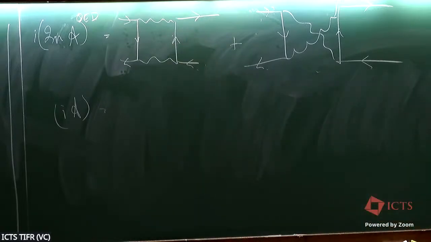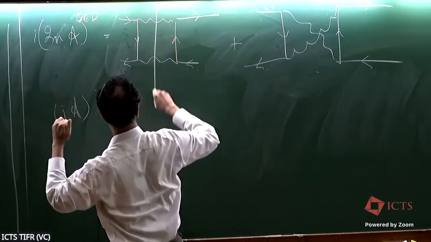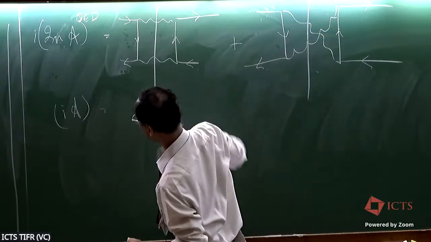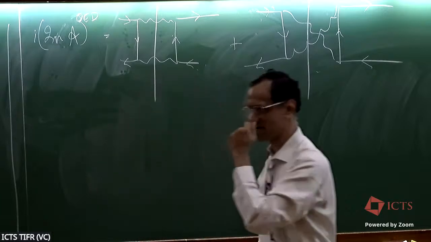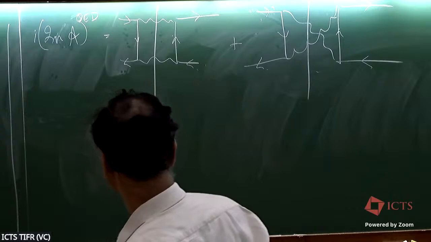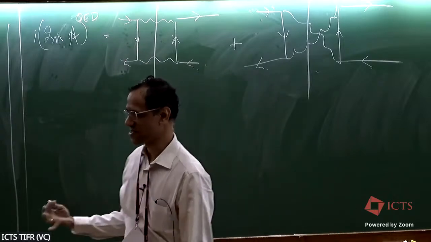Okay, so now to get the imaginary part, what you need is to cut this diagram. And these are the cutting rules that you can use. And finally, you have to use the fact that you're working in the non-relativistic theory.